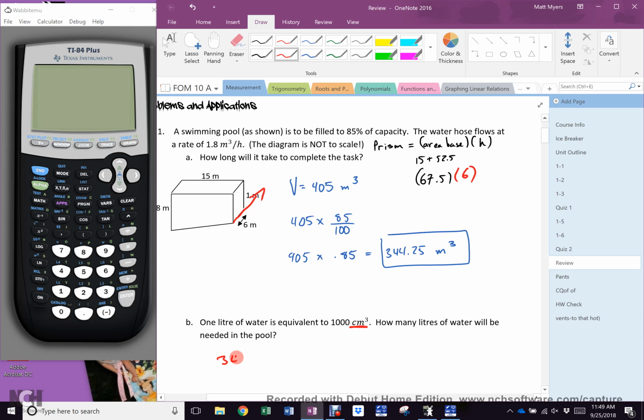So we had 344.25, but I need to convert the length times 100, then the width times 100, then the depth times 100, to get a total of, how many zeros do you see there? 6. So how many decimal places must this move? 6. What goes in the holes?